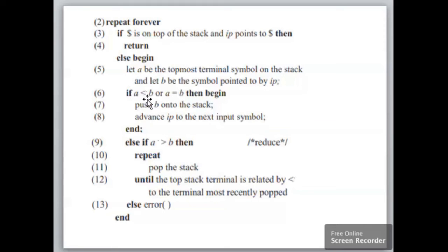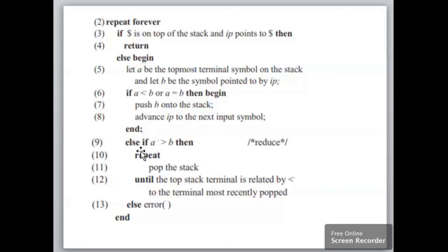If A, that is the stack terminal, has a precedence less than B, or A is equal to B, then begin: push B, that is the input, onto the stack, and advance the input to point to the next input symbol.